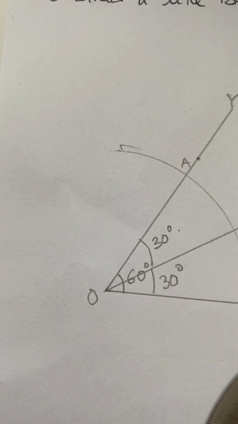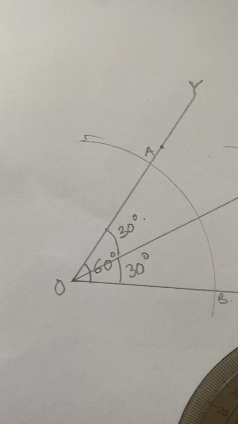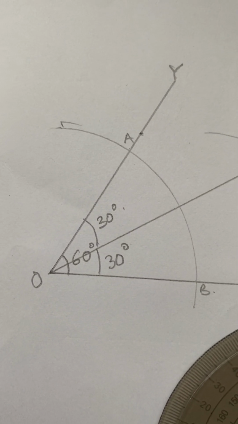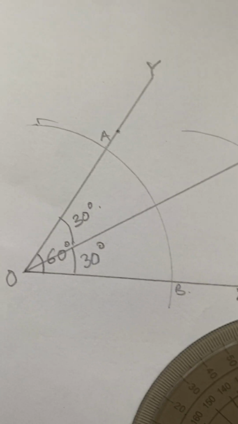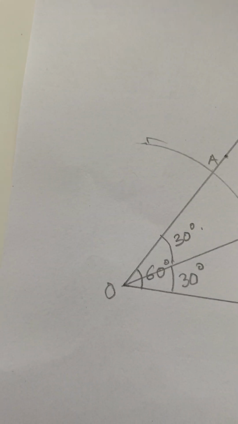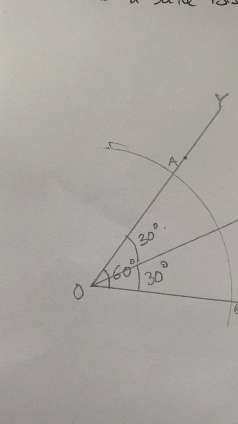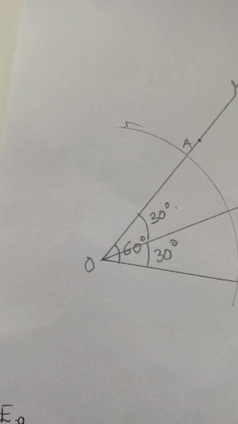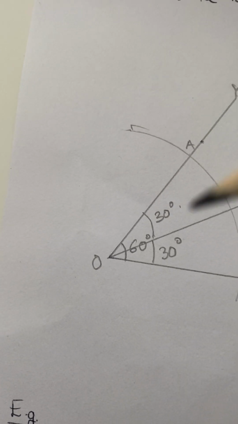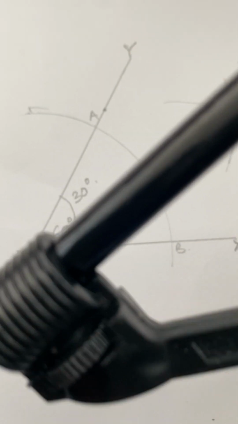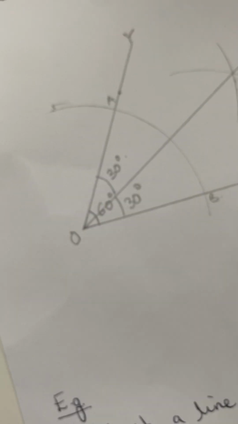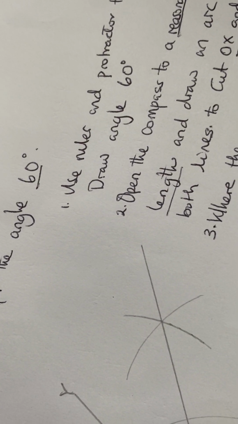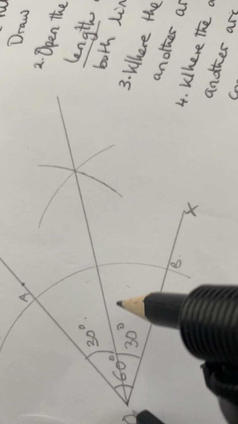When we're doing bearing, we remember that when you extend the line, it helps you look at the angle clearly. Now, because I wasn't given any measurement like the first one, what I have to do is open my compass to a reasonable length at the origin of this angle here.